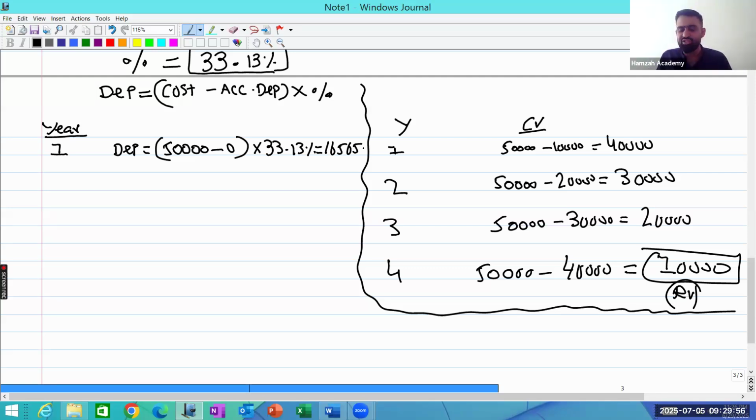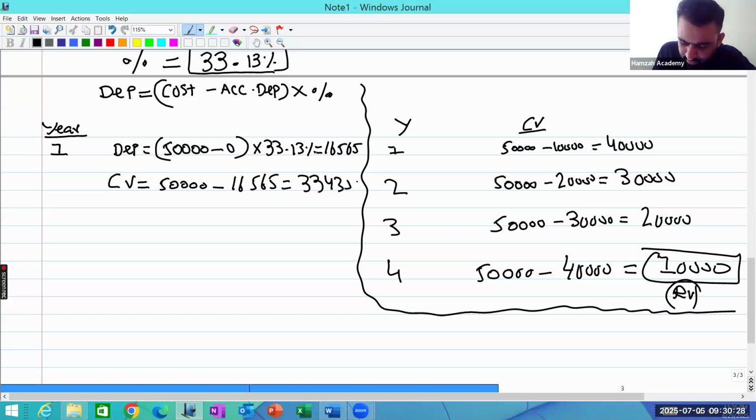Depreciation will be debited and accumulated depreciation will be credited. So at the end of year one, the carrying value will be 50,000 minus 16,565, which will give you 33,435.